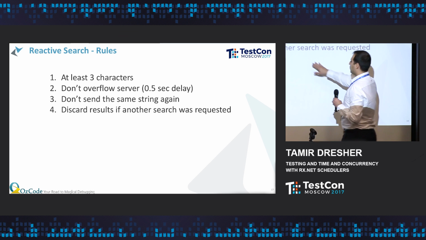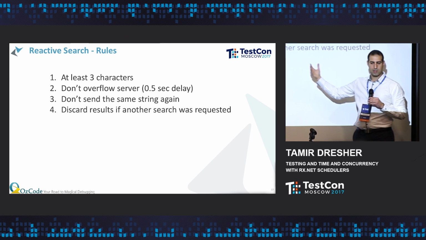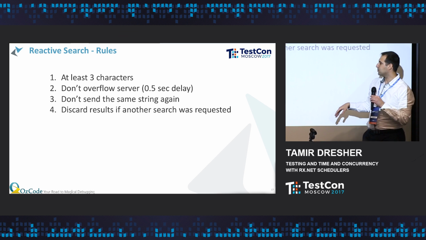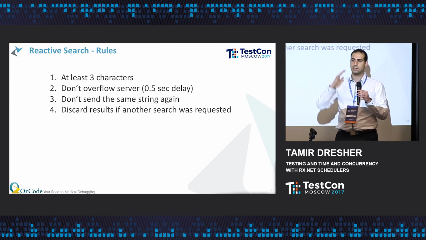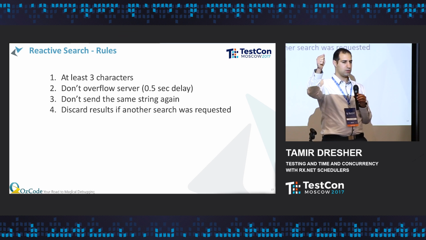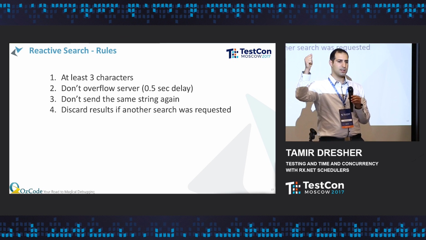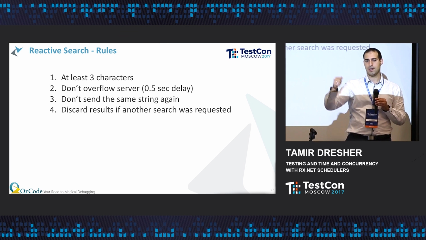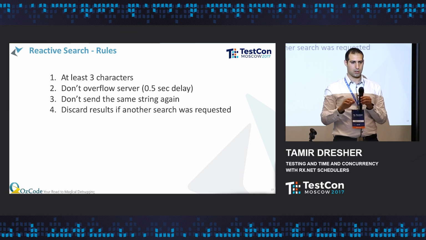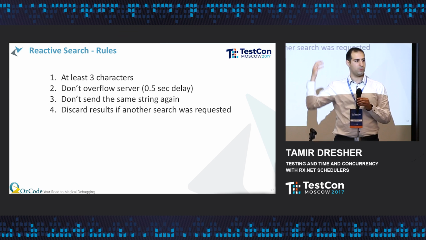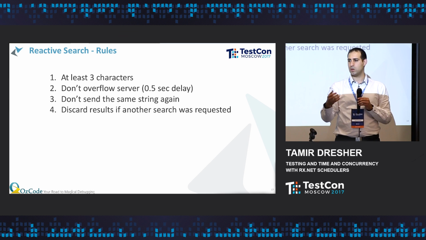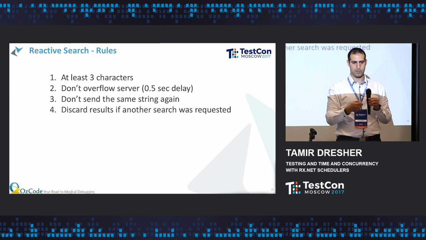And one thing that is really hard to do in the traditional way of programming is this: if I'm already doing a search, I already sent the search to the server, and the server is taking time to search, and another search comes because the user continued to type, I don't want to take the result from the previous search and display it. I want the new results to appear.